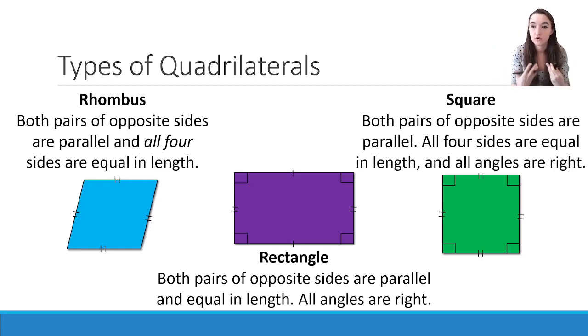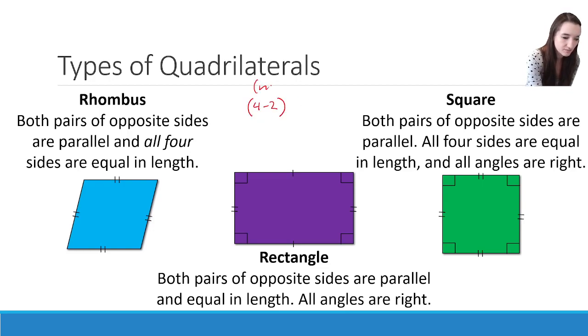Notice that when we get all four angles the same, we have our formula saying that for four sides, we have 4 minus 2, right? N minus 2 times 180 is going to equal 2 times 180, so it's a total of 360 degrees.